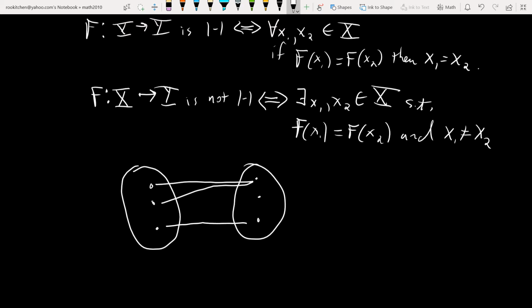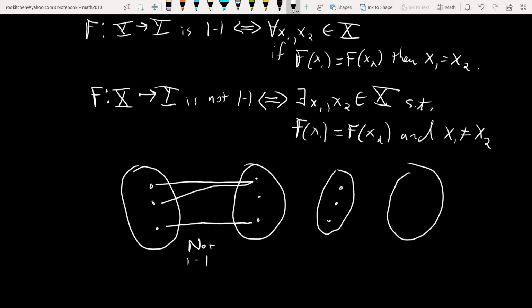So that's bad news in the world of one-to-oneness. Like I said, it has to be a well behaved function. Maybe put another guy there. So it has to go like this to this, this to this, and this to this. So for every one thing over here, there's only one thing over here.